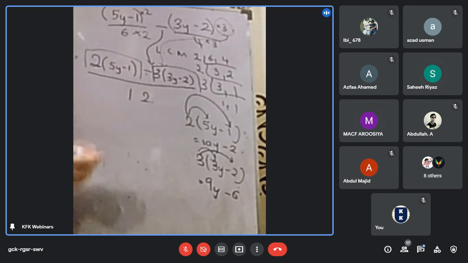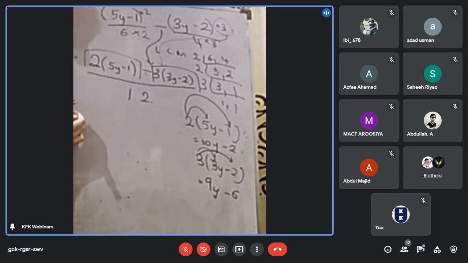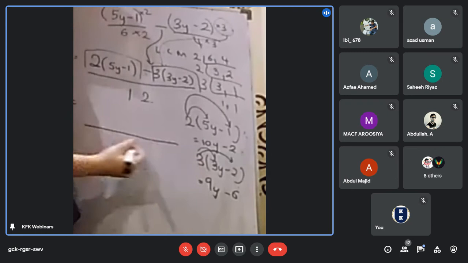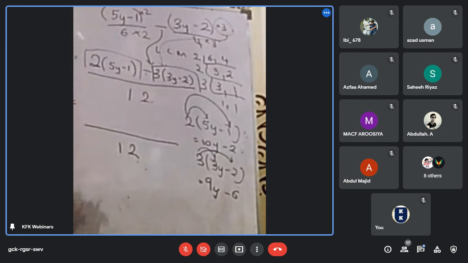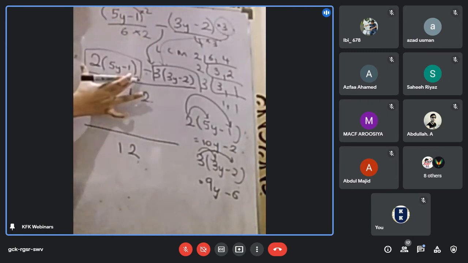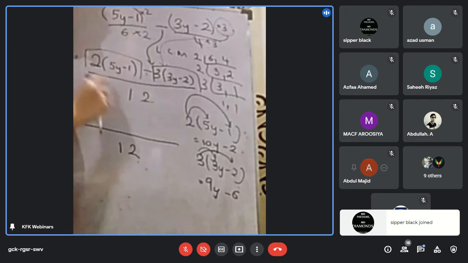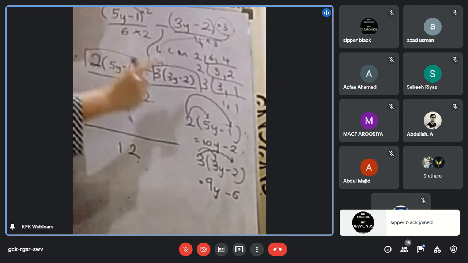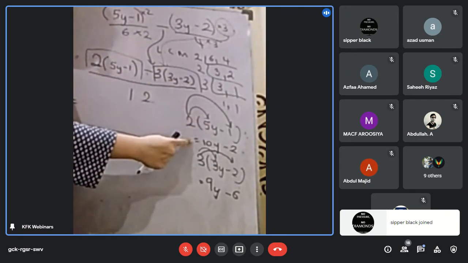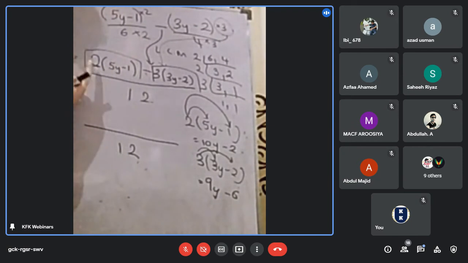The next step, we're going to write the denominator first. Now, when you multiply this, you get a simplified answer. When you multiply 2 into 5y minus 1, you get 10y minus 2.